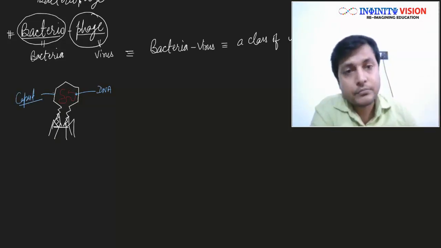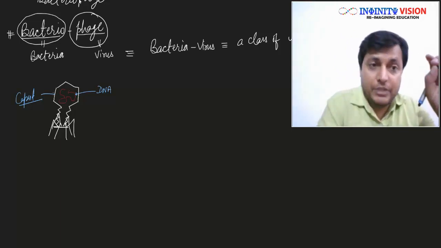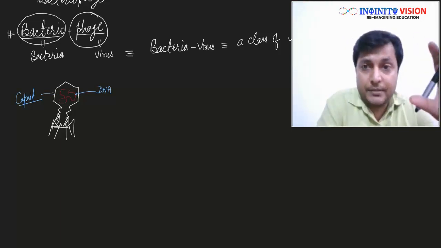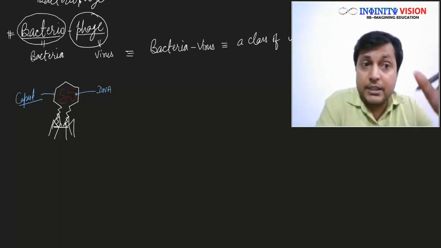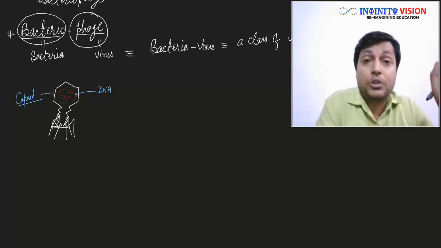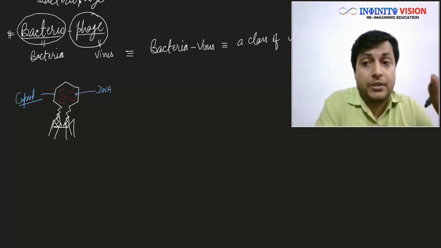So mostly the viruses have a genetic material and a capsid. That's it. They do not have cellular organization, and hence they do not show any kind of metabolism, and that's why we consider them dead outside a host. Once inside a host, they do different things.